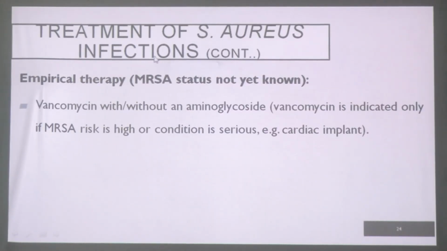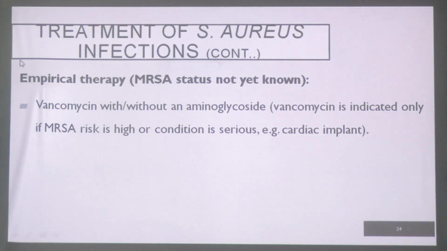In case of empirical therapy, what is empirical therapy? Empirical therapy is when the patient has come to you, you have to start the patient and cover for both the organisms because the causative organism you don't know yet. So gram positive and gram negative, they both have different target antimicrobials.